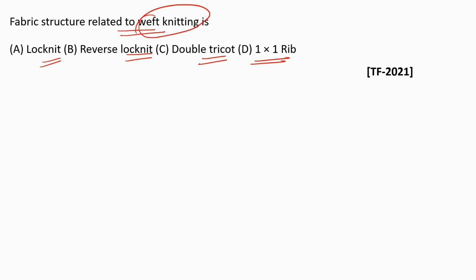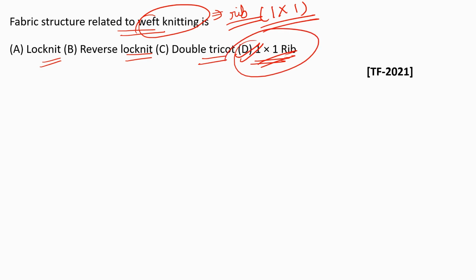For weft knitting it is a rib fabric, so 1 cross 1 rib is best suited. In a rib fabric in the weft knitting process, every wale alternates between the plain and the purl stitches on the right and the back sides. So basically there are two parts.